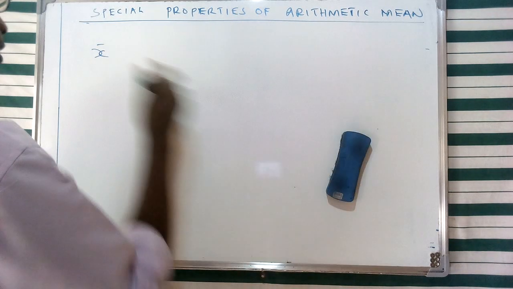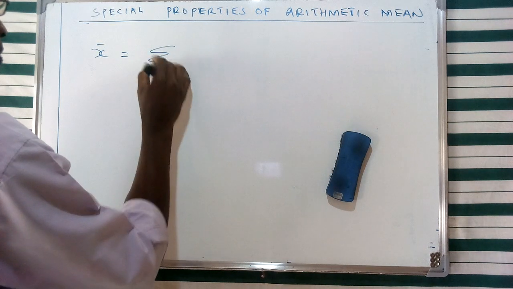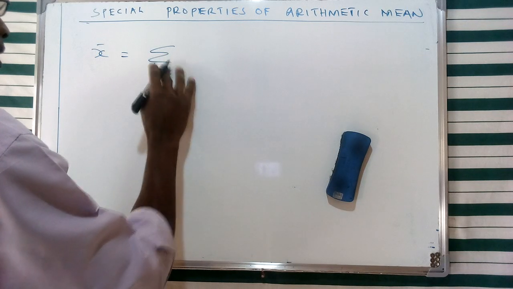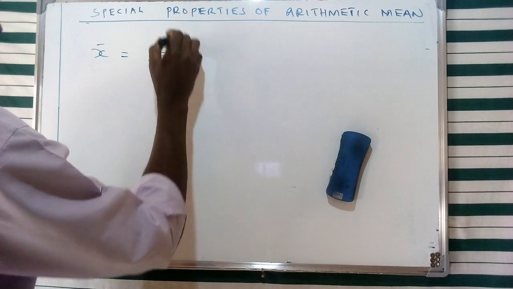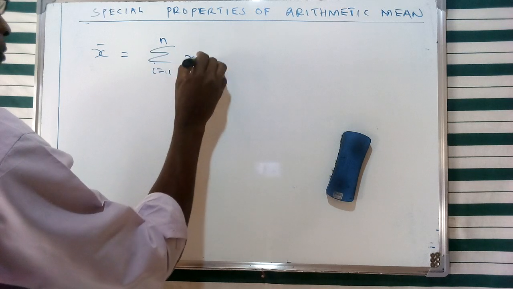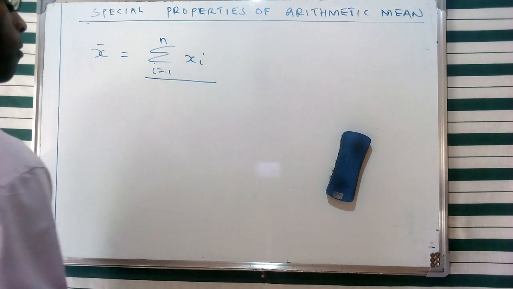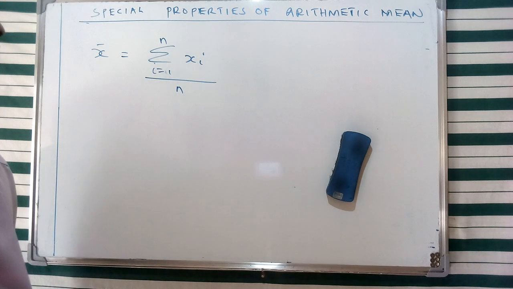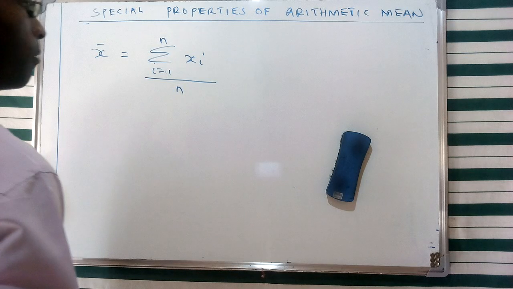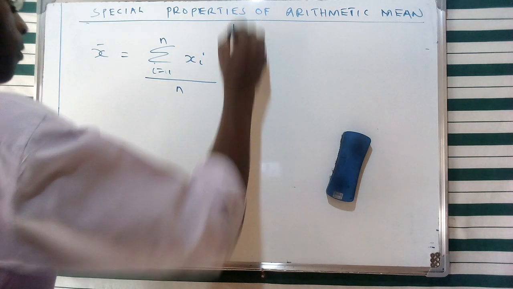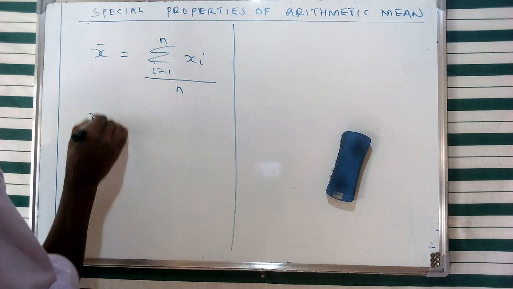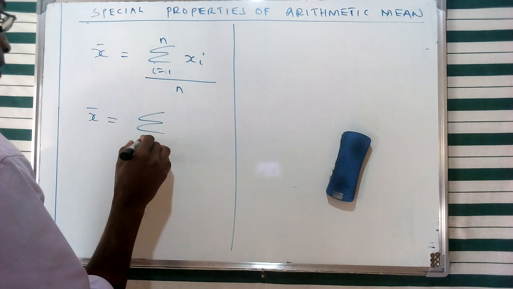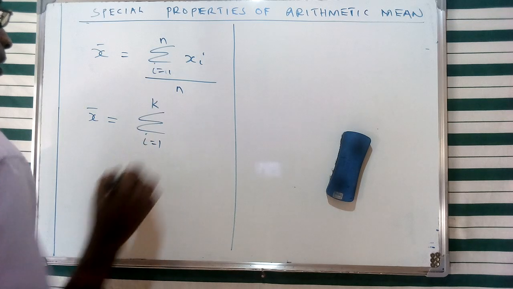Now for ungrouped data, we represent the arithmetic mean as a summation from the first observation to the last of the items of a variable X, given as the ratio between the summation and the number of items. We used a second definition for grouped data, in terms of the summation between the first and the last class.